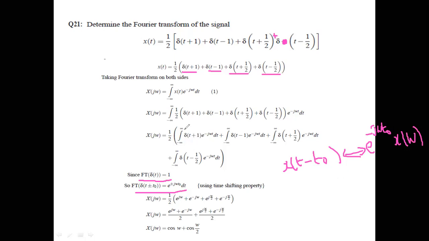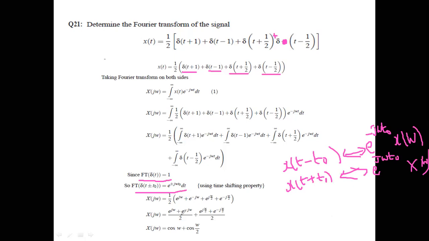So for delta t plus 1, 1 by 2 you can take as common, t plus 1 e power minus j omega, and t minus 1 e power plus j omega, and plus 1 by 2 e power j omega and e power minus j omega. One time it is a plus and one time it is a minus. For x of t plus t naught, the Fourier transformation is e power j omega t naught into x of omega.